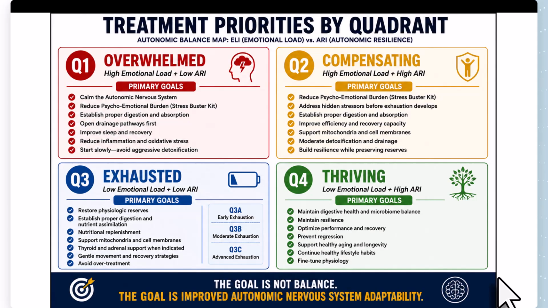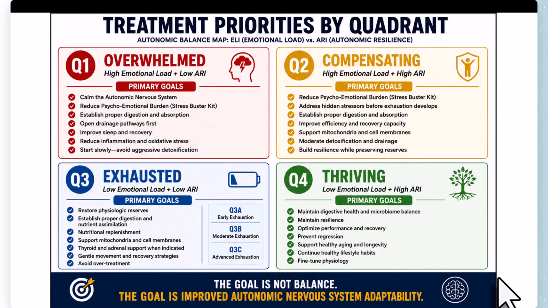And the quadrant 3, that person has a low emotional load. And they have a low autonomic regulation index. The main one is their nervous system. Their autonomic nervous system is kind of not working so well, right? It's kind of trashed. And so restore physiologic reserves again.